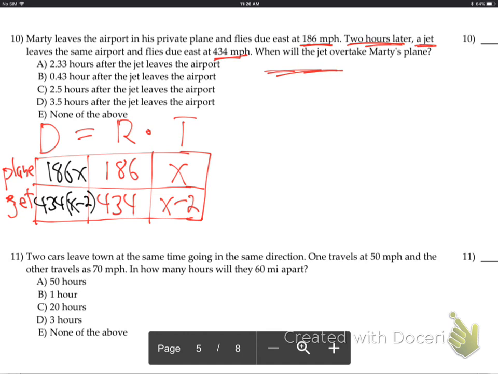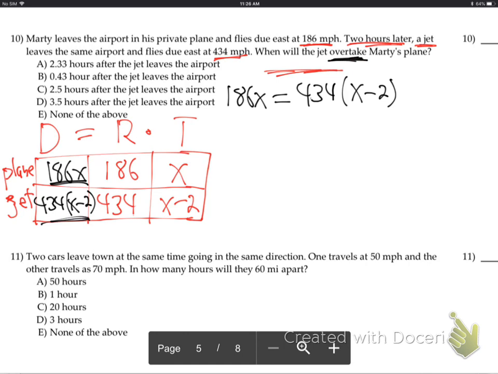Do I just take the 186x box and set it equal to the 434x minus 2 box? Are they just equal? Yeah, why are they equal? Why is the distance the same? Does it say same distance?